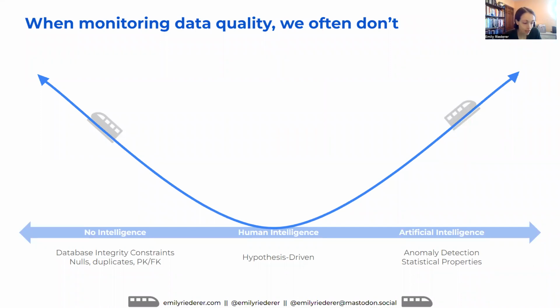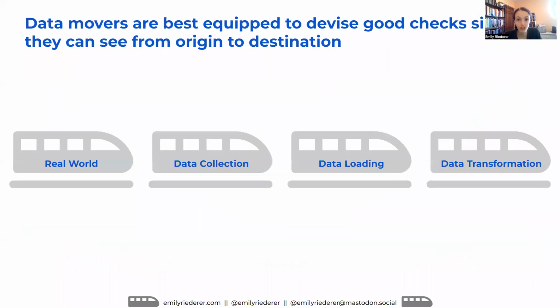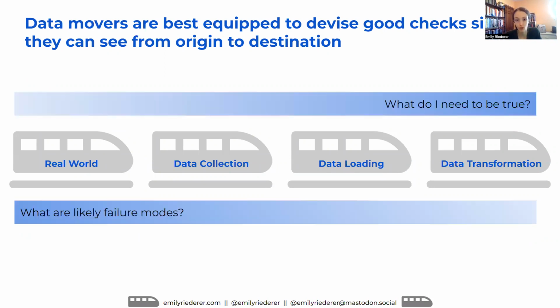As analysts, I think we're the best equipped of anyone to do this, because we sit in the middle of all the numerous handoffs data goes through: from the real world processes that generate it, to how it's collected and atomized into digital quantities, how it's loaded and moved between systems, and finally how we're transforming it for our work.